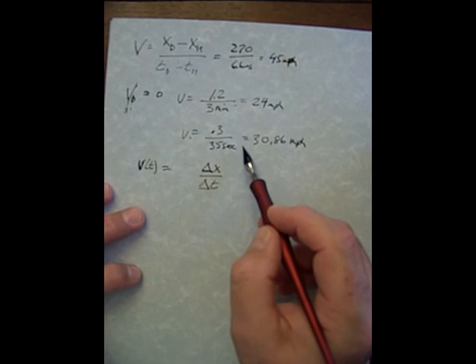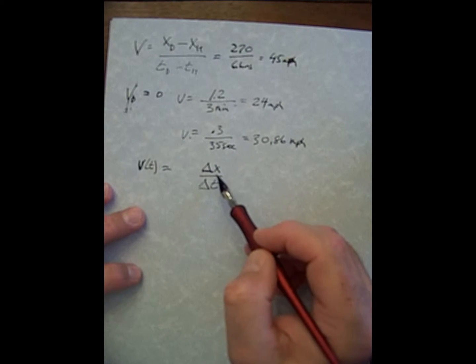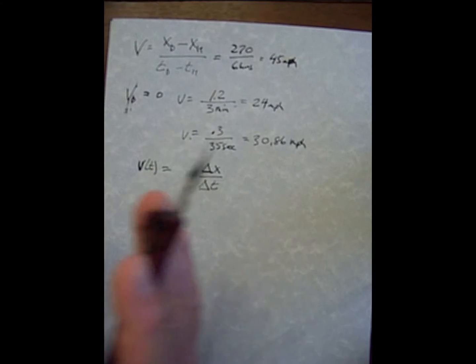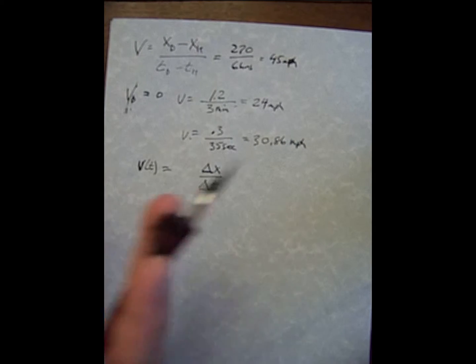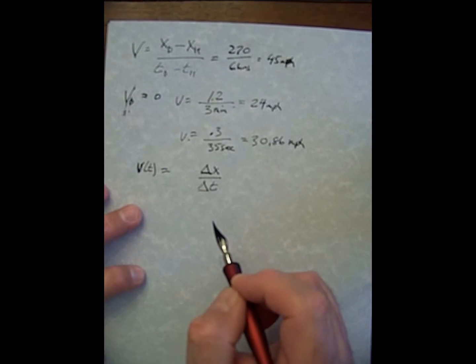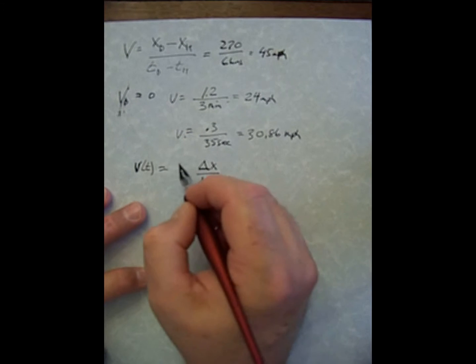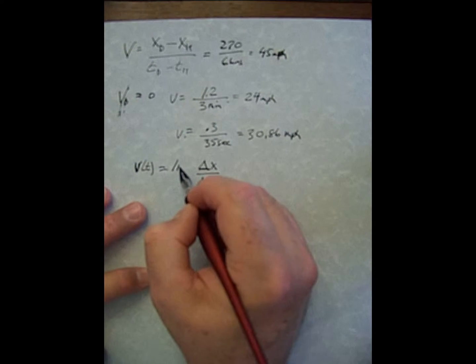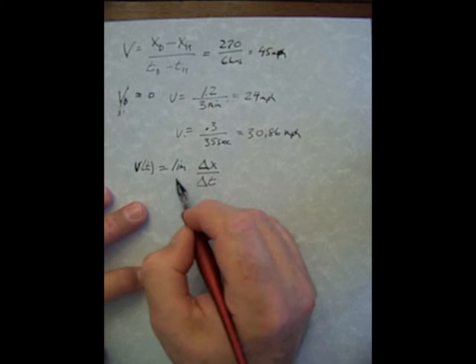And we're going to want this to go smaller and smaller and smaller, so we get a better and better picture of our actual instantaneous velocity. So the way we're going to do that is something called a limit, which we write as lim.